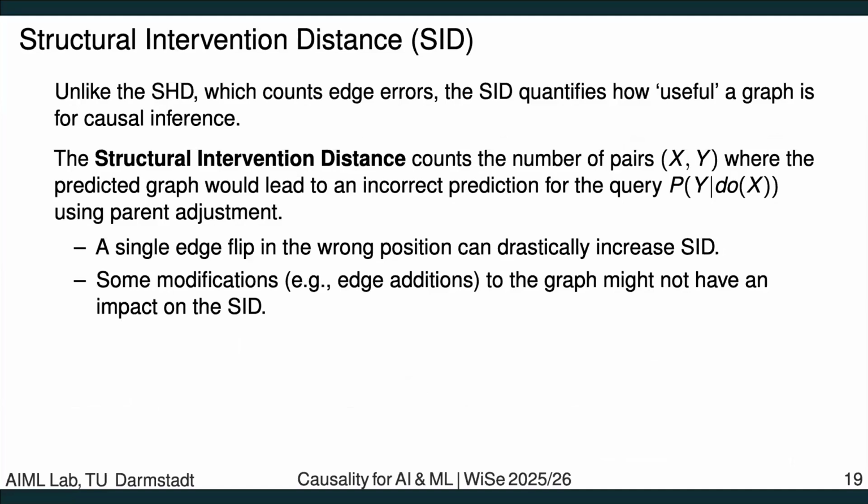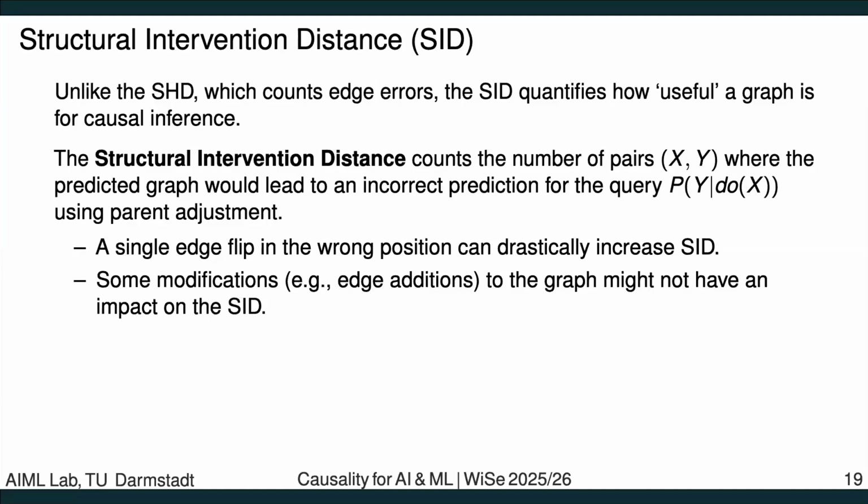It basically looks at all the variable pairs in a graph, or in the set of variables, and considers: if I had the query Y conditioned on do X, would I still get the correct prediction under parent adjustment?